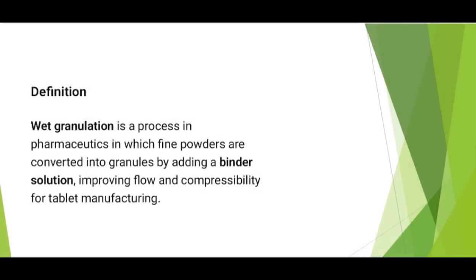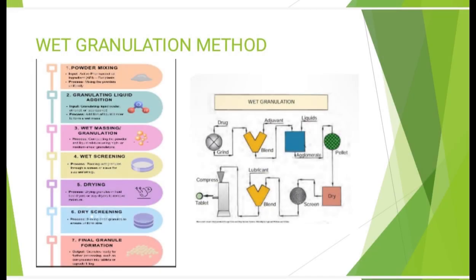First, definition of wet granulation method. Wet granulation is a process in pharmaceutics in which fine powders are converted into granules by adding a binder solution. It can improve flow and compressibility for tablet manufacturing. Next we will see about the steps involved in the wet granulation process.